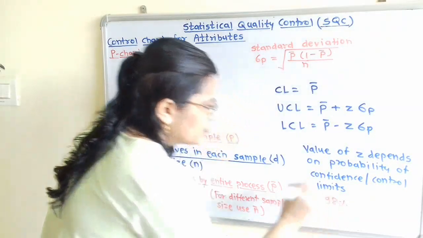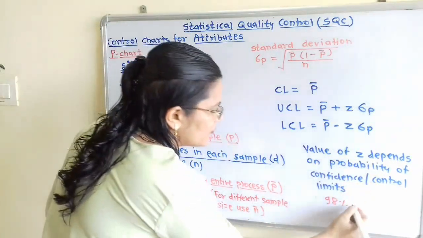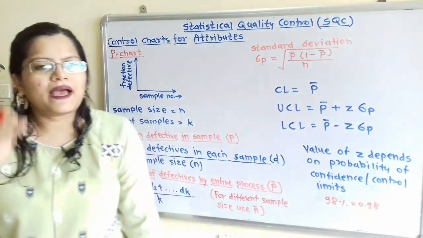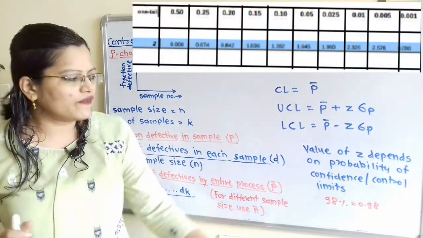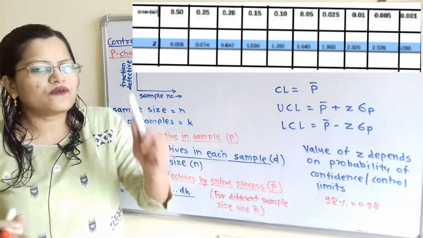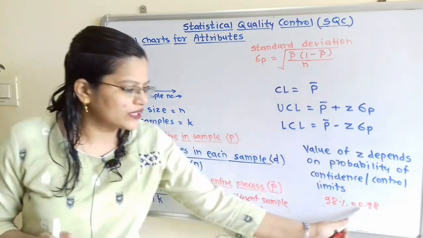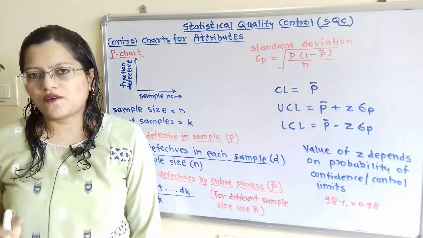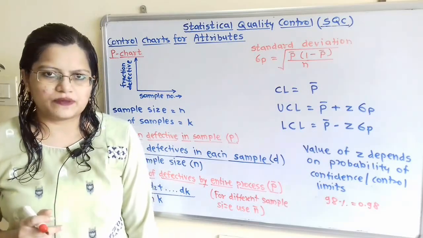So the probability of confidence is equal to 0.98. By referring to the chart given for the probability of confidence and Z, we find the value of Z for 0.98. That chart is provided in the examination.